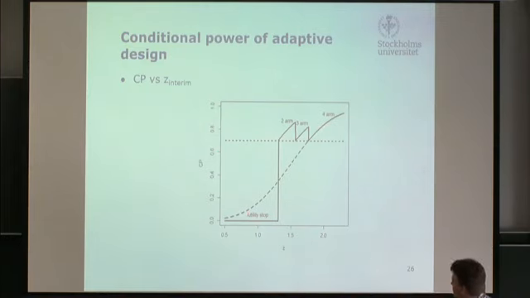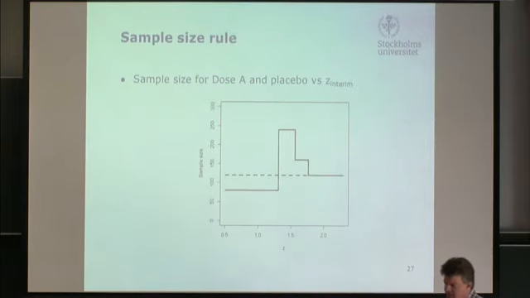So this was for the fixed study, the conditional power, if we don't change anything in the interim analysis. And the sample size rule then, when we look at what is the sample size now for dose A and placebo, so the total sample size is constant, but for these doses, depending on the interim observation, it is this curve.